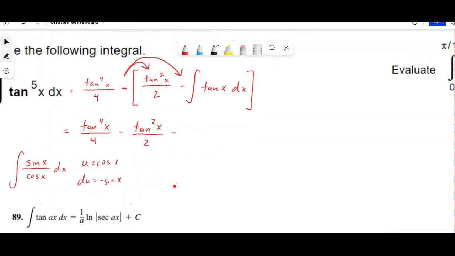So this is 1 over 1, because a is equal to 1, times the natural log of the absolute value of secant. You could also write this as cosine and make it a positive, but if you're using the formula, you just keep it as secant. So there is our integral, 100% using the tables.